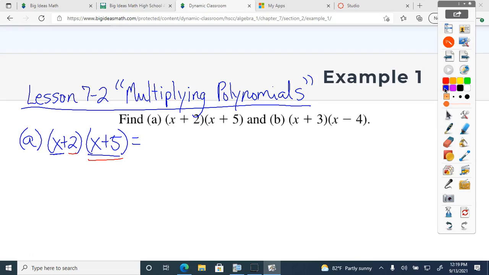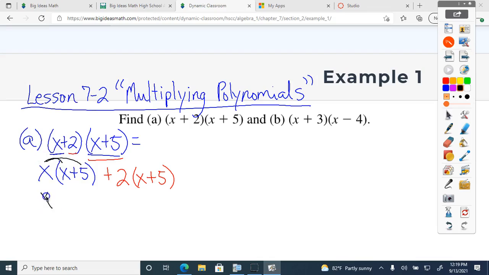I'll write first, we're going to have x times x plus 5 plus 2 times x plus 5. Everybody see how I did that? X times x plus 5 plus 2 times x plus 5. And then you just simplify.